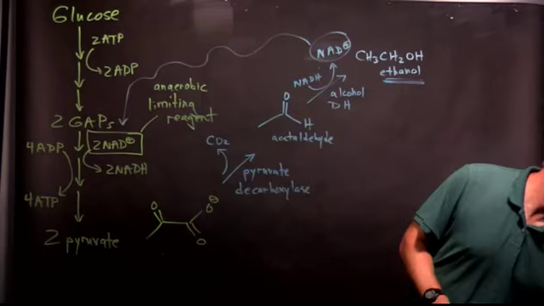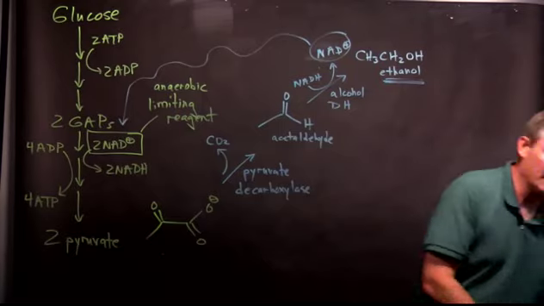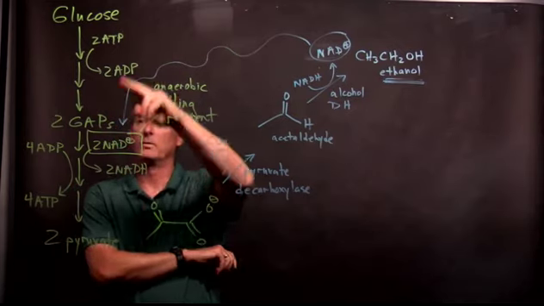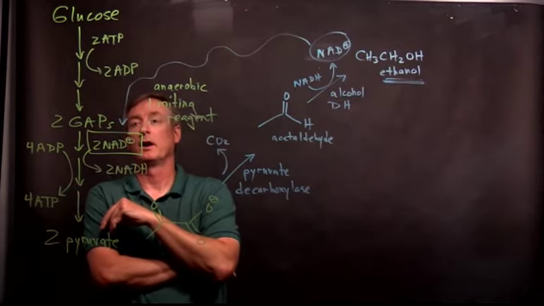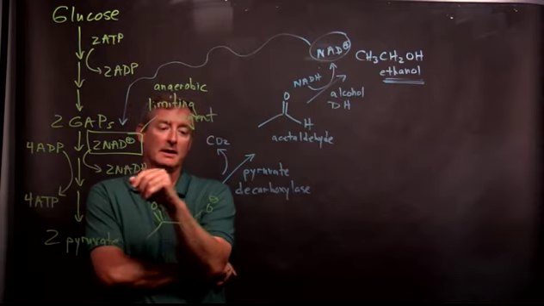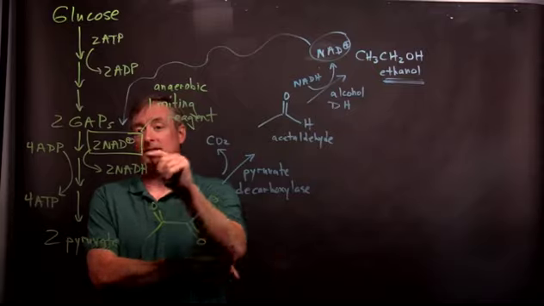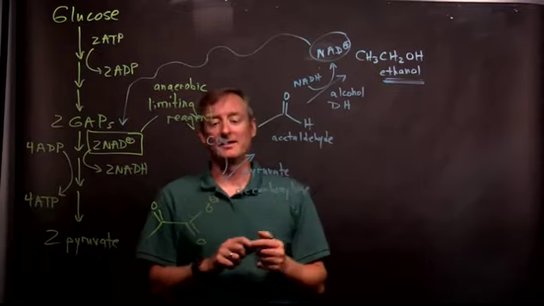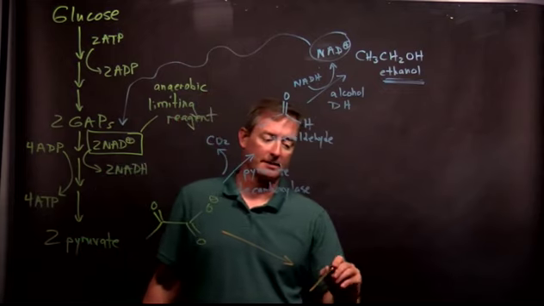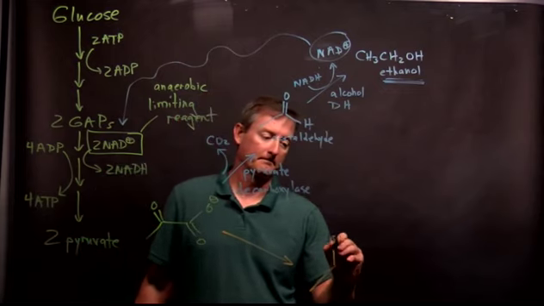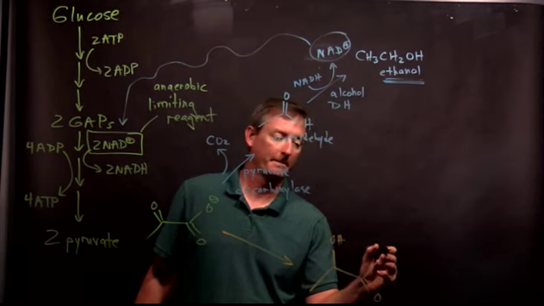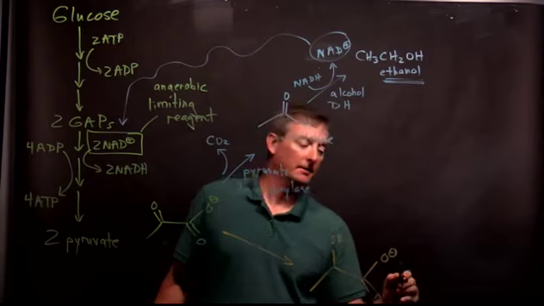Okay. Now, what do we do? We have the same problem, right? If we want to continue burning glucose to generate ATPs in the absence of oxygen, we're going to run out of NAD+. And we don't make ethanol. We make this molecule here, which you probably have heard of before.